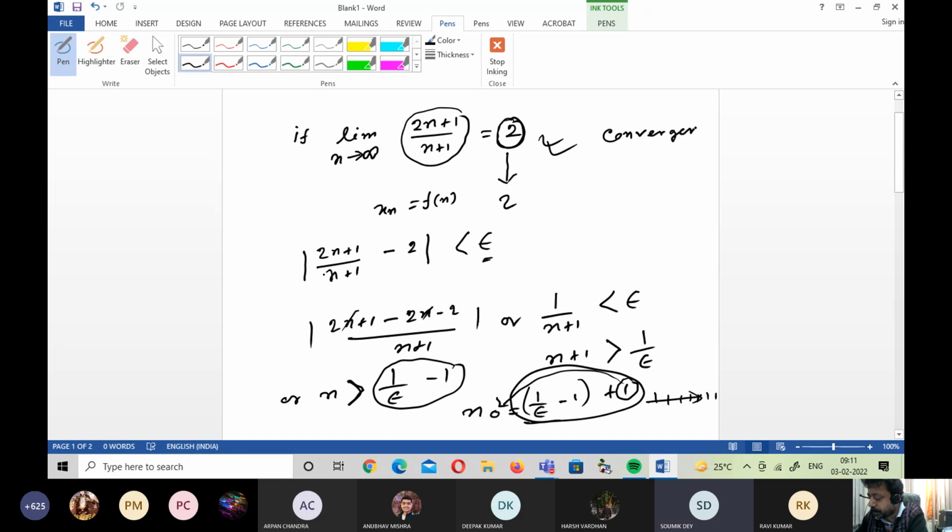Sir, why plus 1? Good question. Why plus 1? Because n is greater than that, so you have taken a greater value, plus 1. So why can we write plus 1, plus 2, anything?